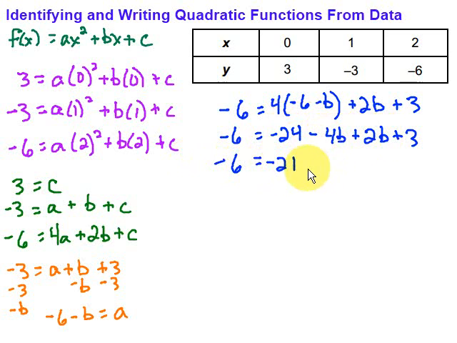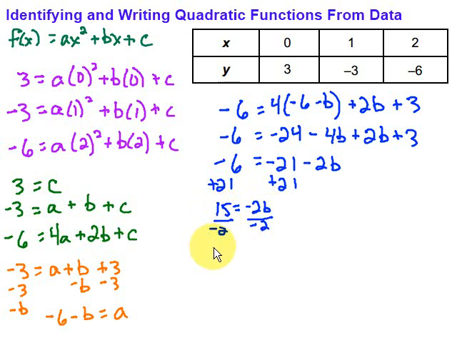Negative 4b plus 2b would be negative 2b. Then we'll add 21 here, so plus 21 plus 21. 21 minus 6 would be 15. So we have 15 equals negative 2b. Then divide by negative 2. And we end up with b being equal to negative 7.5.